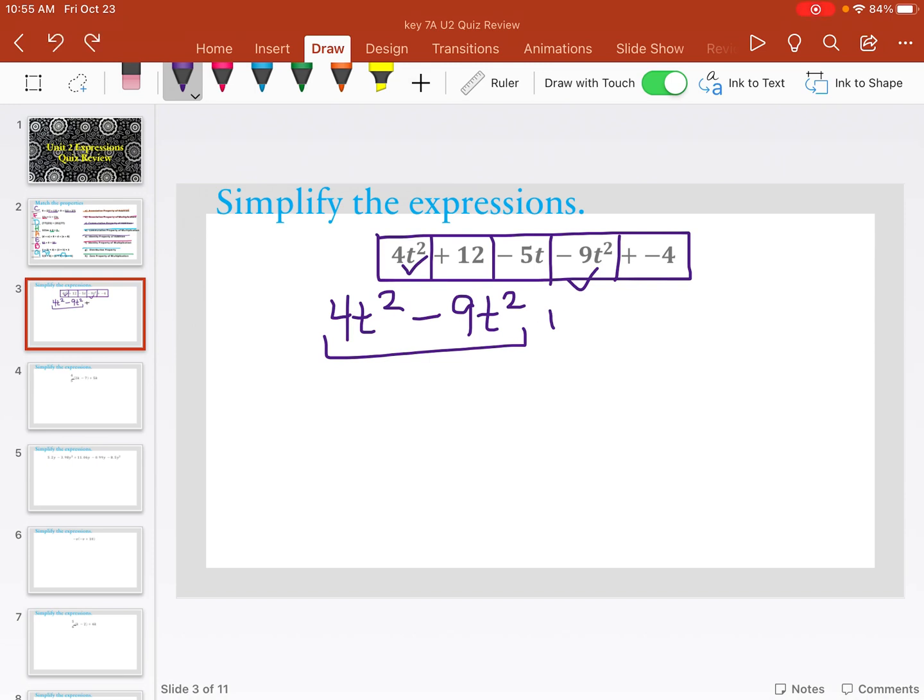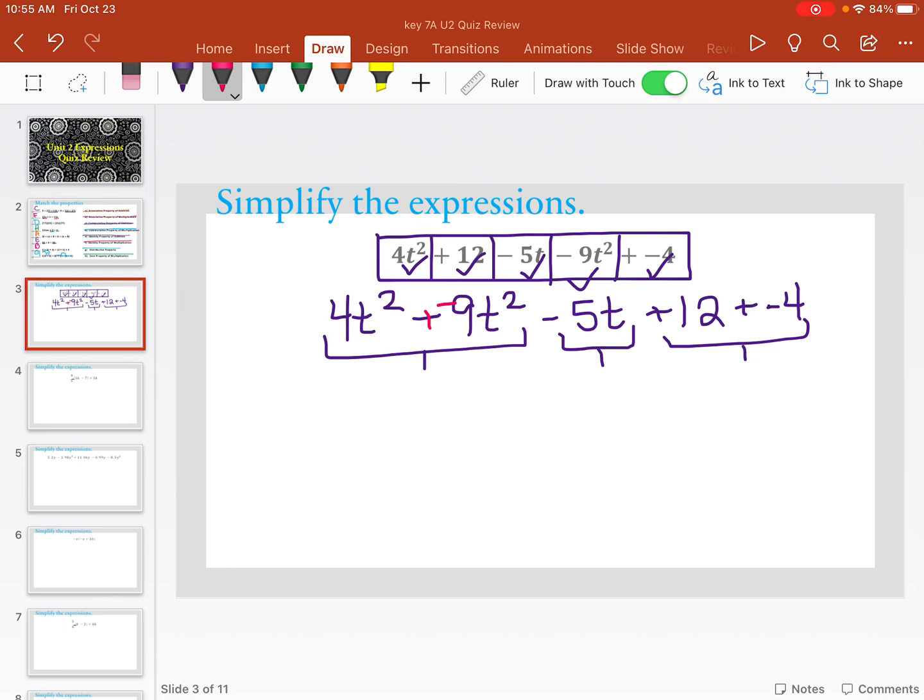And then I have a minus 5t. There's my t family. And then finally my constants, so plus 12 and plus negative 4. There's my constant family. Now I'm going to combine these like terms. So for my t squareds, I have 4 minus 9. This is like a keep, change situation. So it's really a negative plus a positive.